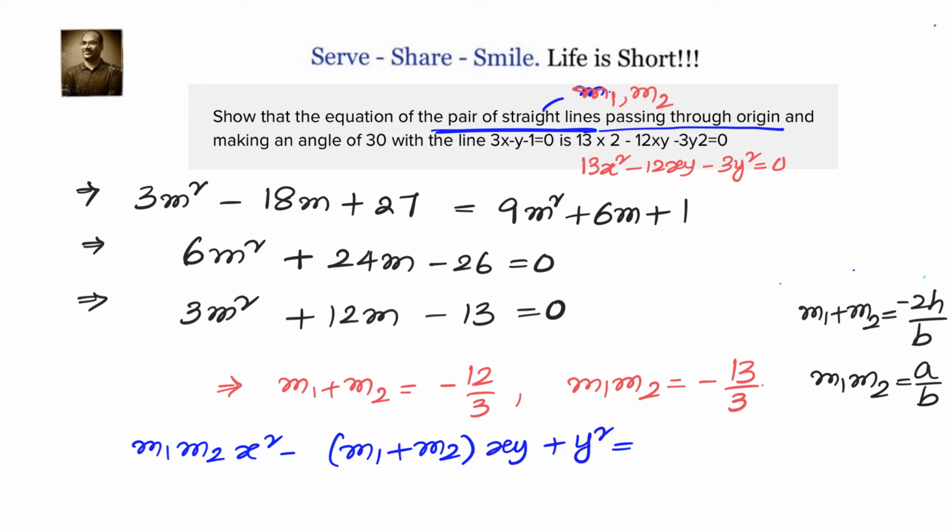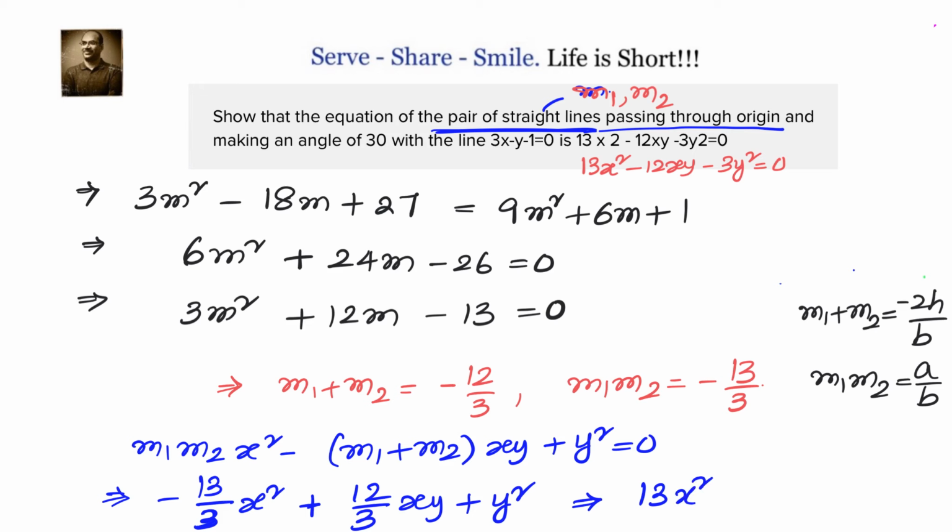So we can go ahead and substitute these values in that, or you can also substitute in ax square plus 2hxy plus by square, that's another way you can do it. m1 m2 is minus 13 by 3 x square minus of m1 plus m2, that is plus 12 by 3 xy, plus y square. Let us multiply by minus 3.